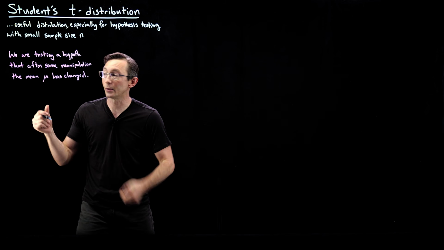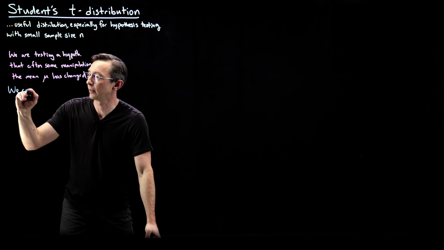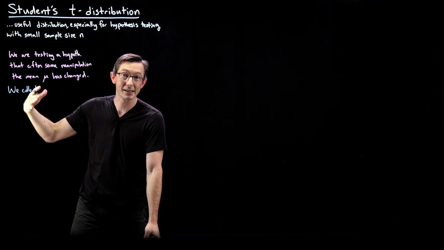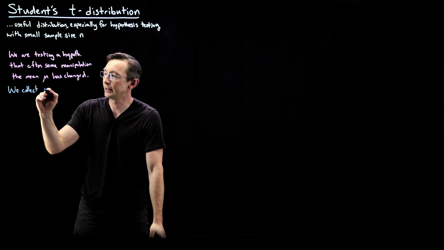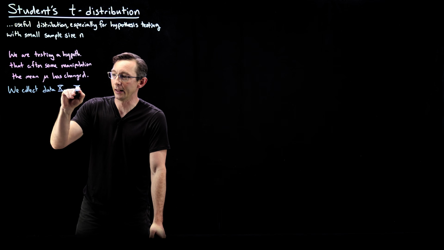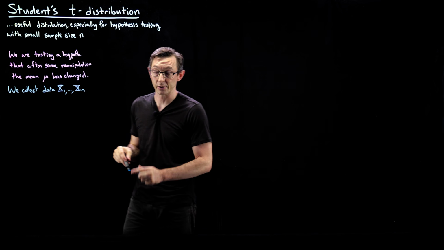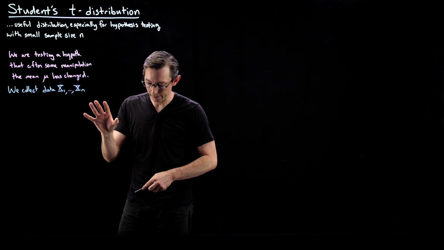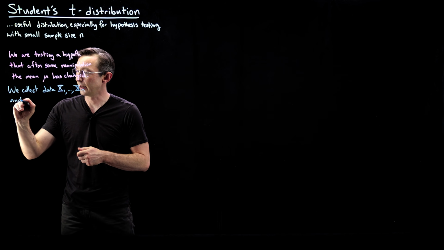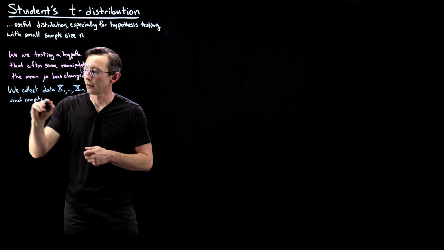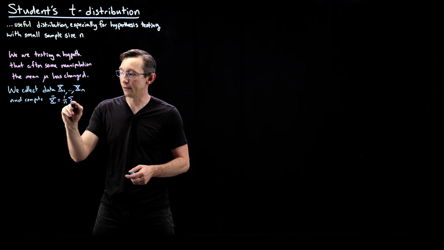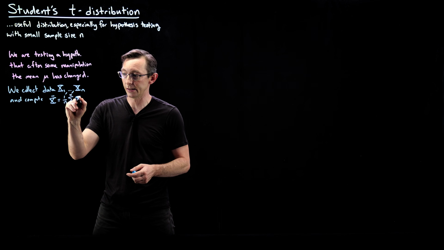So we would collect new data. I'm just setting up the t distribution by reminding you of what a hypothesis test looks like. We collect data x1 to xn, and this is going to be a small n for the t distribution to matter. We compute the sample mean, x bar, which is 1 over n times the sum from i equals 1 to n of each of these data points.